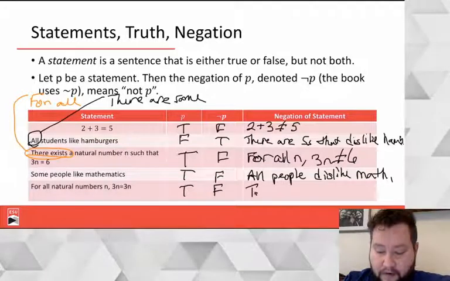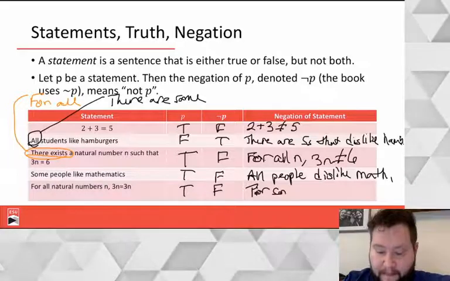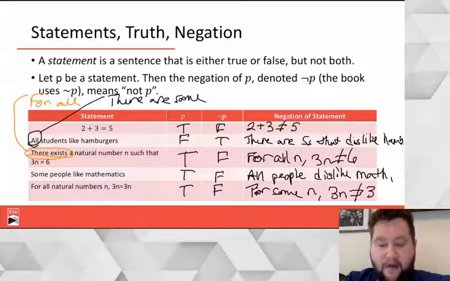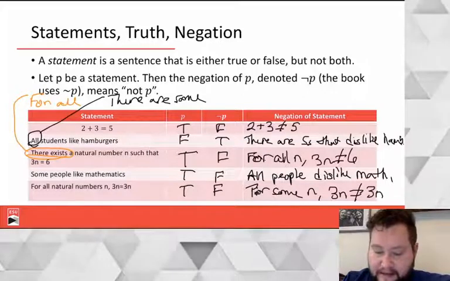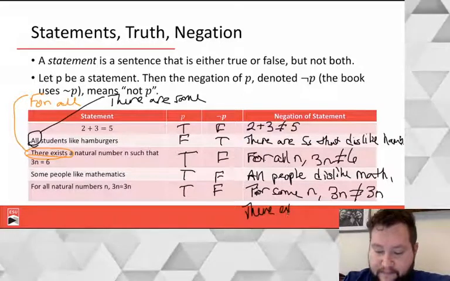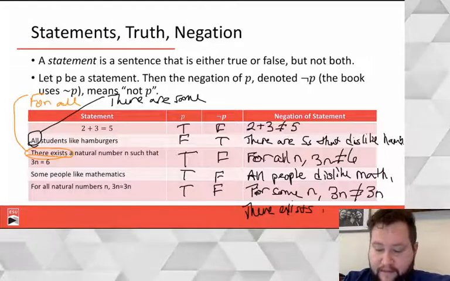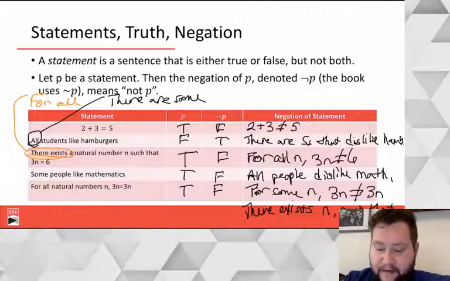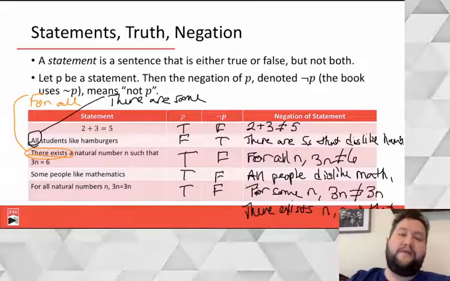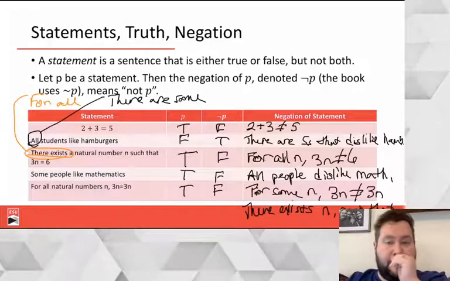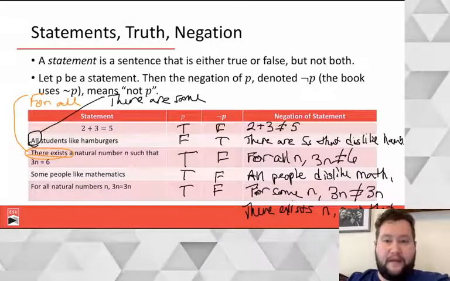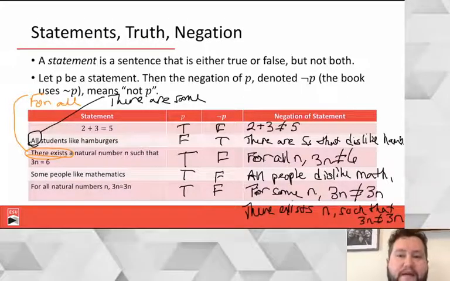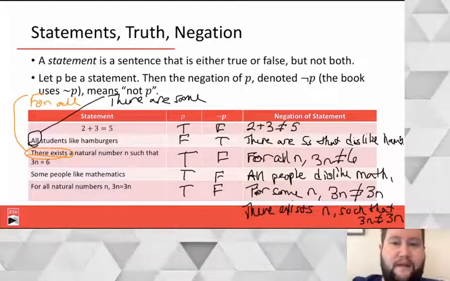For some n, 3n doesn't equal 3n. Or you could say there exists a natural number n such that 3n doesn't equal 3n. And now we know that's not true, but that lets us at least talk about that. I'm going to move myself down a little bit so I don't cut off the corner.